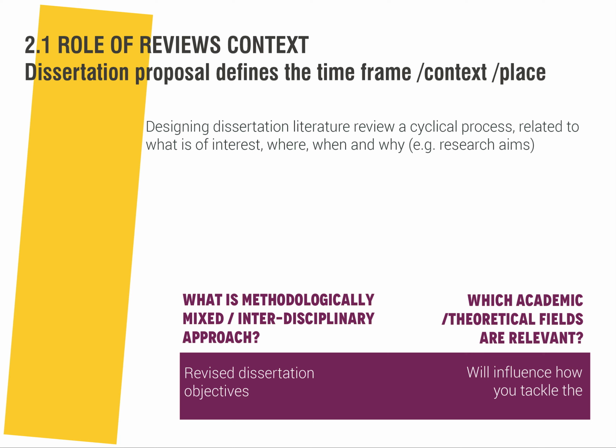So what you're actually looking at is, who does this research focus on? Why does it focus on that? When does it occur in time and space? Where does it apply? Is it a location? Is it a country? Is it another type of context? And what kind of knowledge are you really mostly interested in?